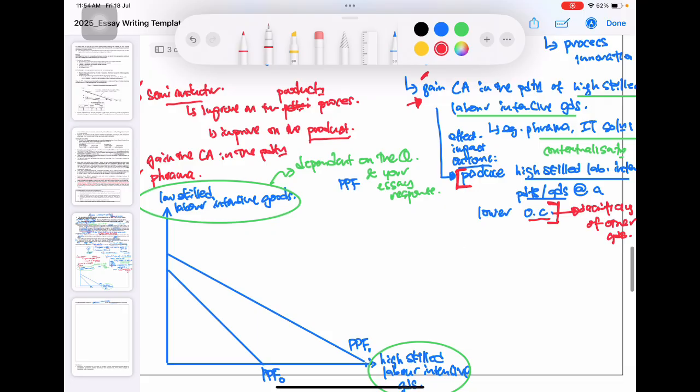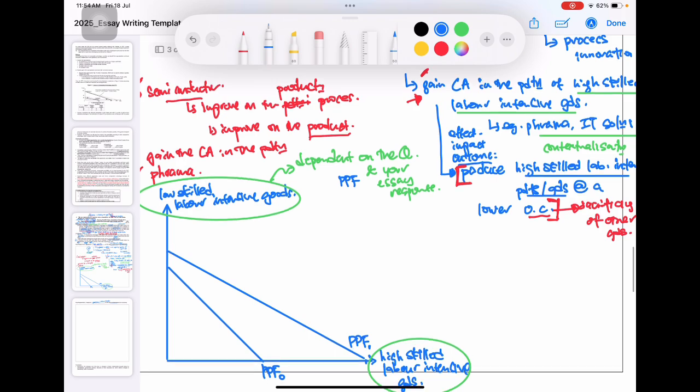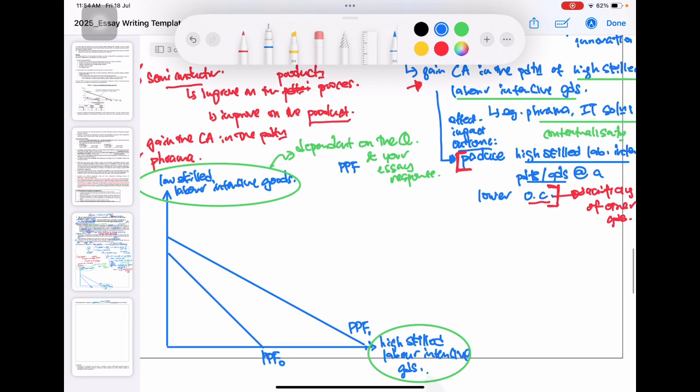So let us use this diagram to look at it in a more systematic manner. For high skill labor intensive goods, let us see Q0 to Q1, this is the amount of goods if you want to produce more of high skilled labor intensive products, before a change in factor endowment.